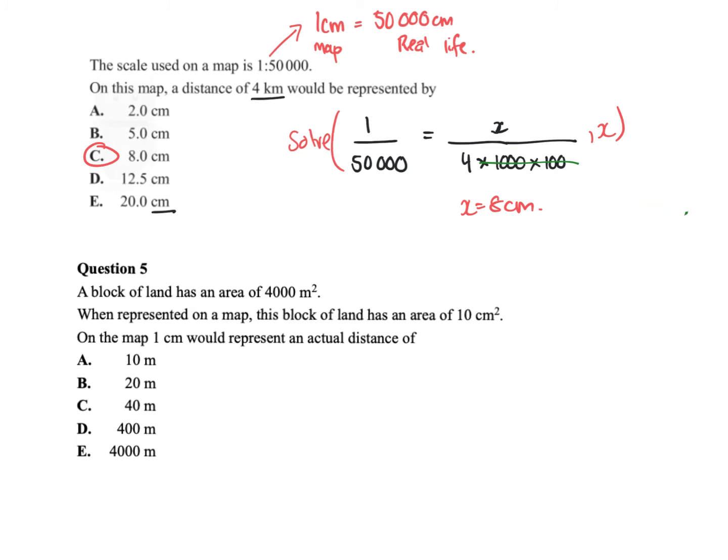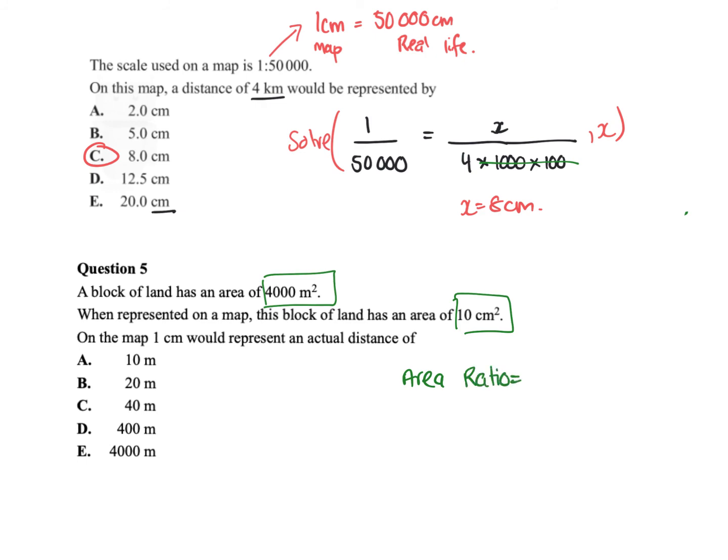All right, now let's have a look here. It says a block of land has an area of 4,000 square meters. This is represented as a block of land on the map as 10 centimeters squared. On the map, 1 centimeter would equal. So what they've actually given you is an area ratio.